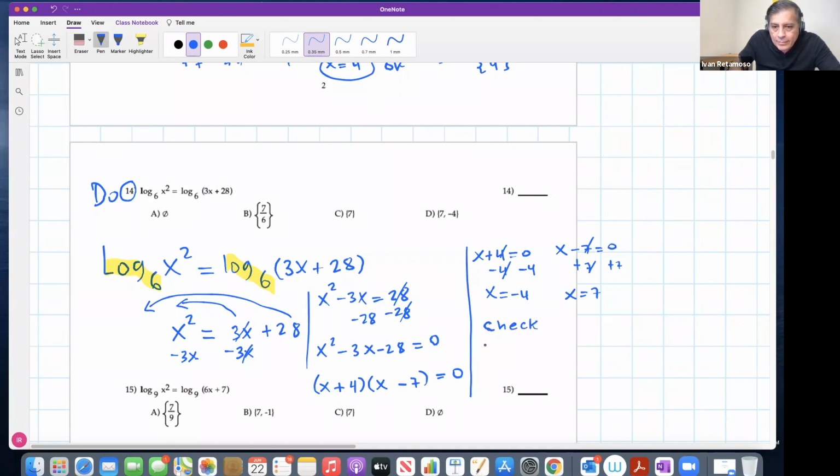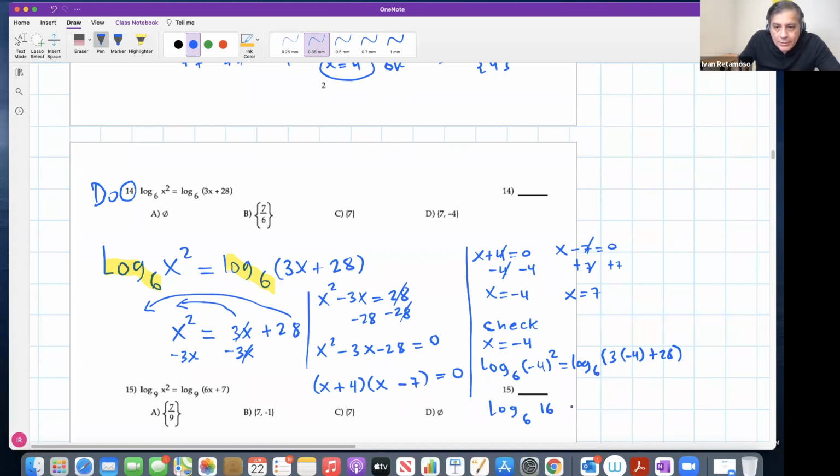To check, we substitute x equals -4 into the original equation. Is this really true? Let's check. Log base 6 of 3 times -4 plus 28. -4 squared is 16, so you get log base 6 of 16.